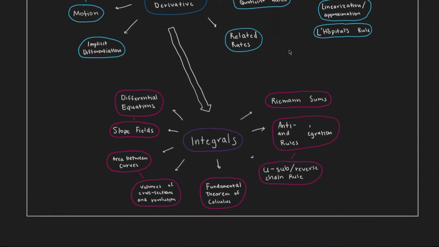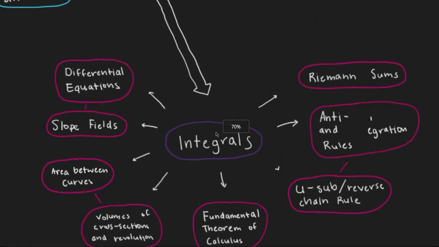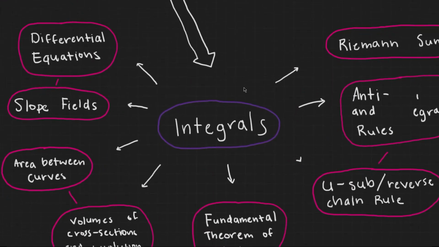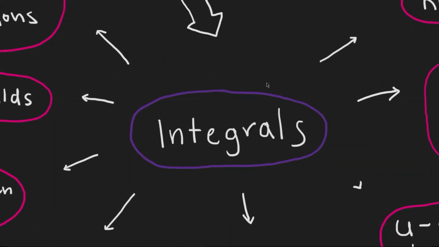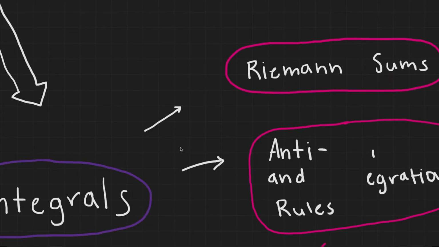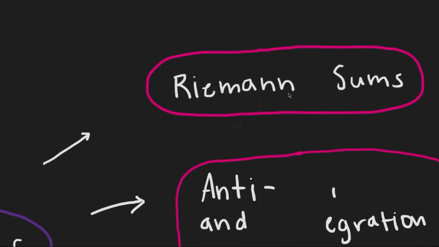Then we move down to integrals, or you could call them antiderivatives. So integrals, just an introduction to them, if you don't know what they are, is just finding the area under the line. You'll be starting off integrals by learning about Riemann sums, and this is just a way to approximate the area under the graph using small subsections, basically.